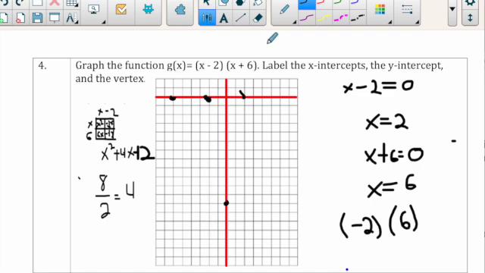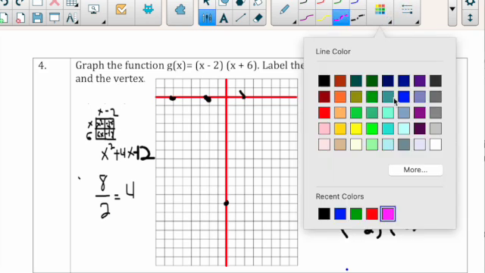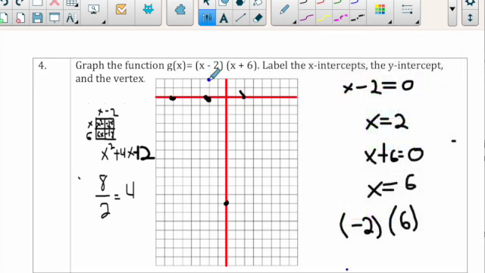So I know that there is going to be an axis of symmetry down x equals -2.